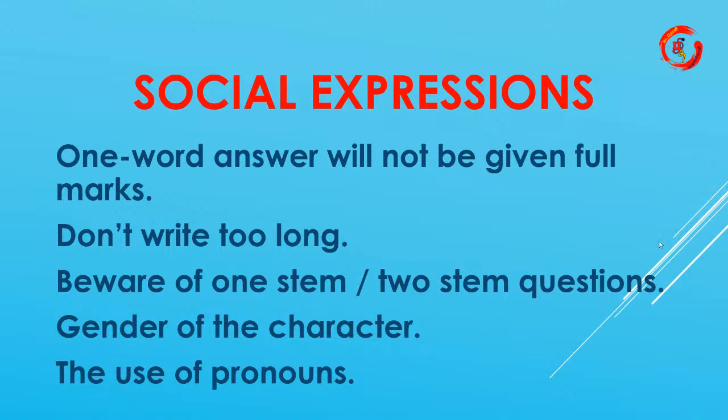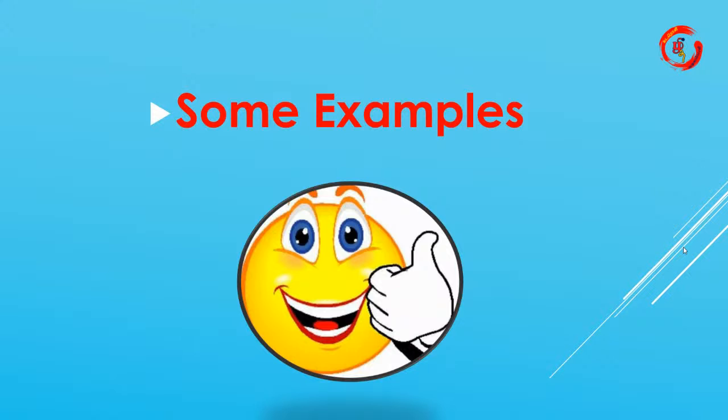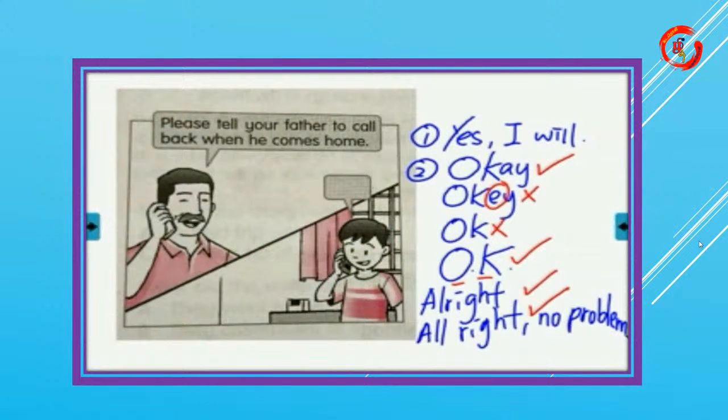All right. Now I'm going to show you some examples of social expression questions and the answers. Okay, let's look at the answers given. Yeah, look here. All right, let's read the question first. The first social expression. Look at the situation. It's a telephone conversation. Can you see? The man and the boy.